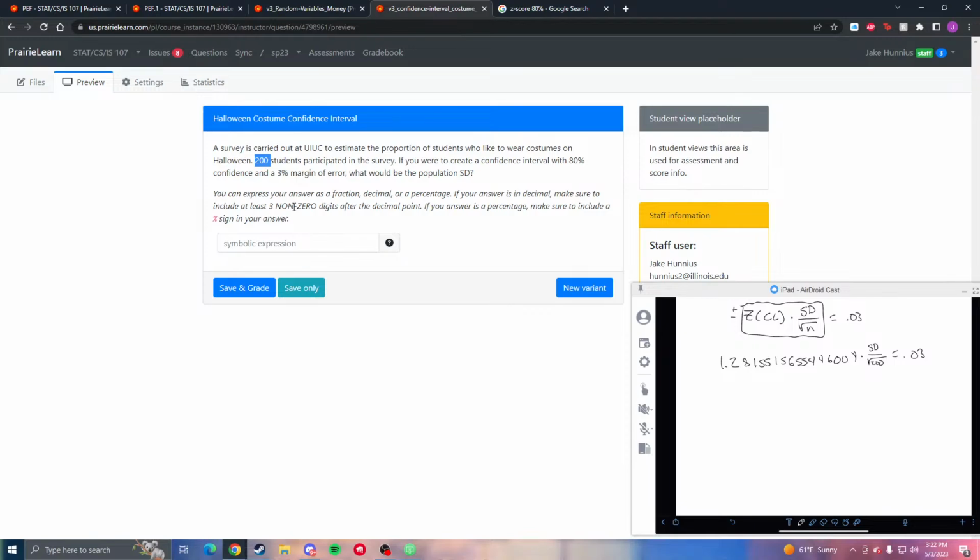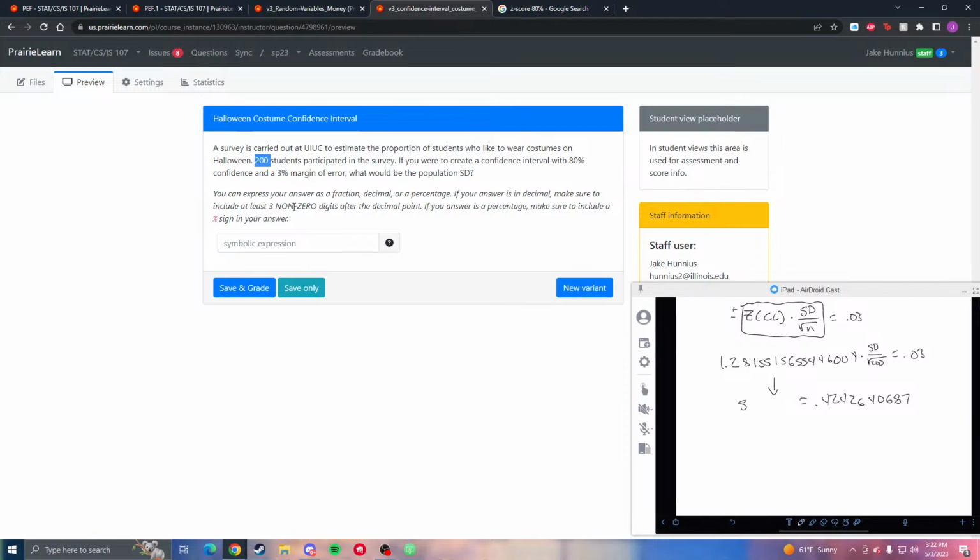So then this number is equal to 0.424264067. And then we just divide that by our 1.28155.